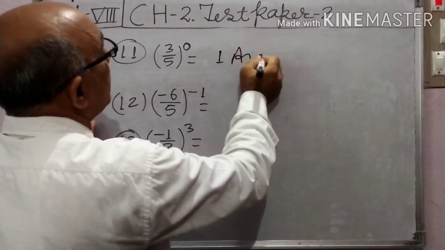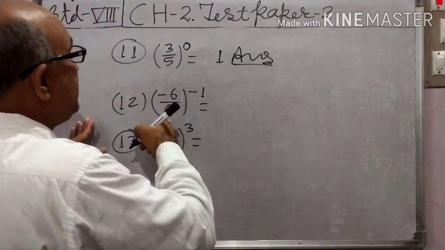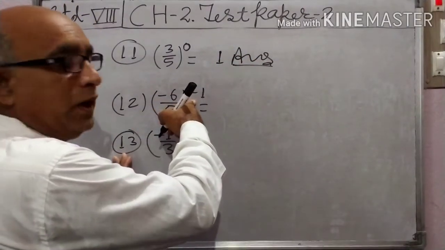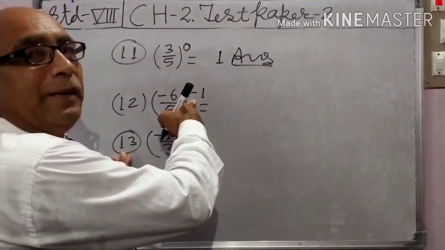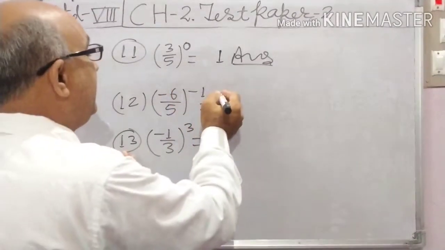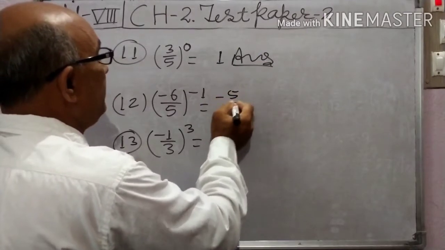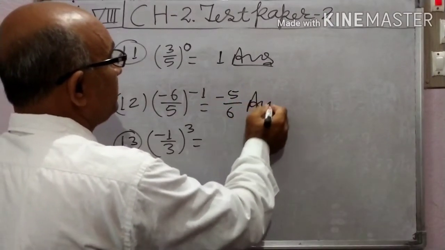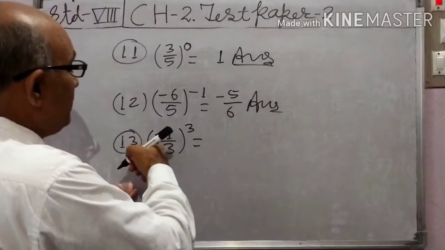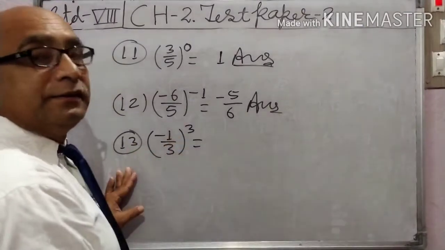Clear, answer is 1. Minus 6/5 to the power minus 1: a/b to the power minus 1 equal to b/a. So it changes into minus 5/6, answer. And the last question is minus 1/3 to the power 3.